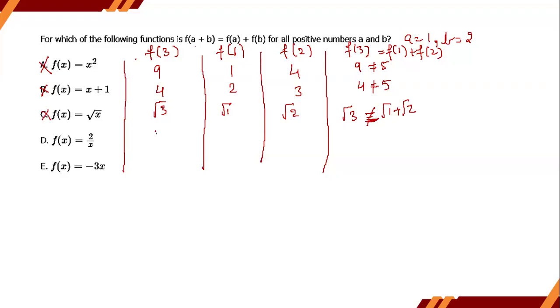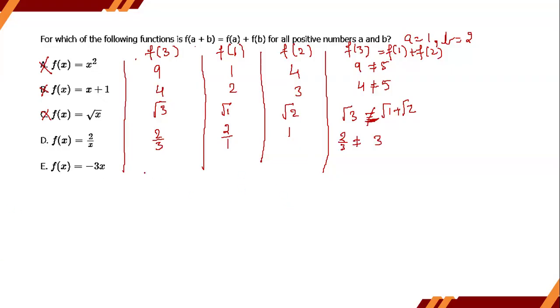Now here, 2 by 3, x is to be replaced by 3. Here x is to be replaced by 1, and here x is to be replaced by 2, right? So we have 2 by 1, and here it is 2 by 2, that's 1. So of course 2 by 3 is not equal to 2 plus 1, right?